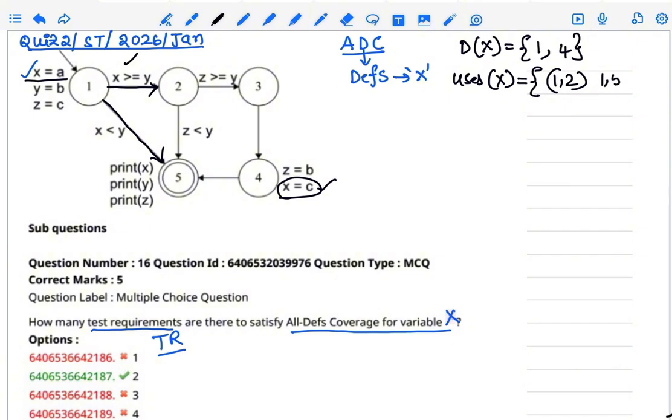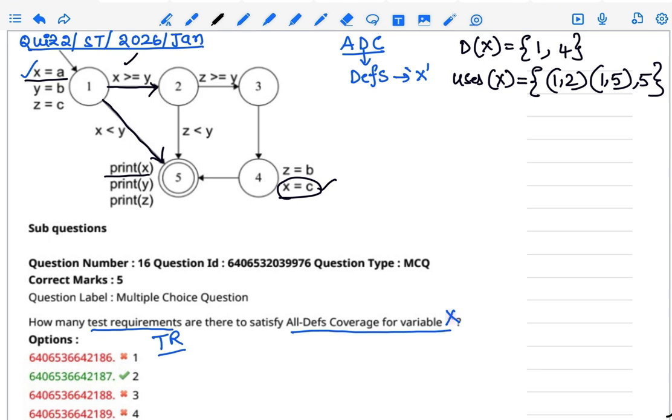These are edges, and the others are nodes. And x is used at print x, at node 5. So these are the uses and these are the definitions of the variable x only, because the question asks about the variable x.